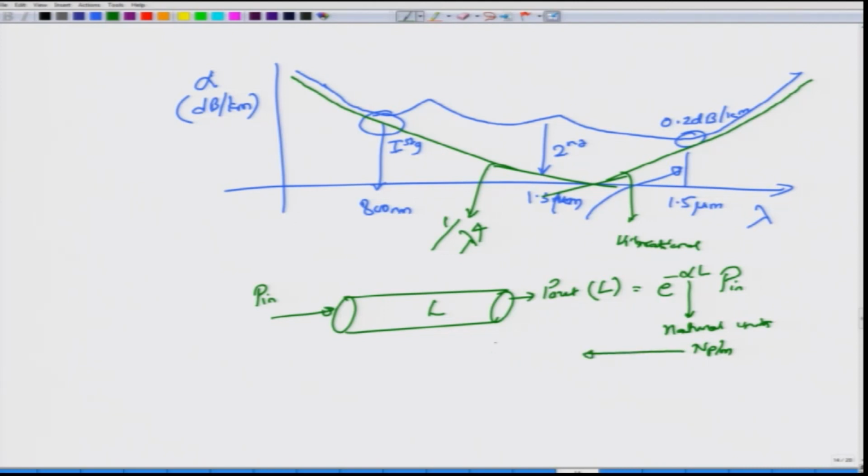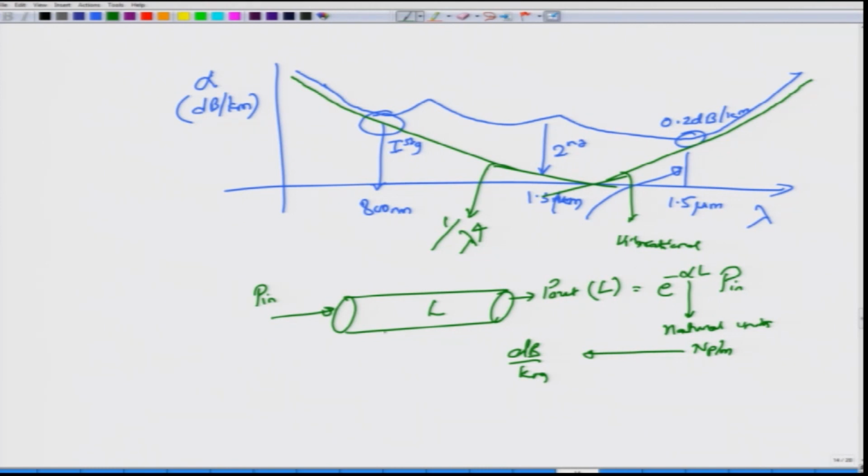Sometimes it is called Neper per meter, but because it is not really nice to work with Neper per meter, we convert this by multiplying by certain quantities into a different quantity called dB per kilometer, because expressing quantities in terms of dB is very useful to us. It allows calculations to be quite simple.